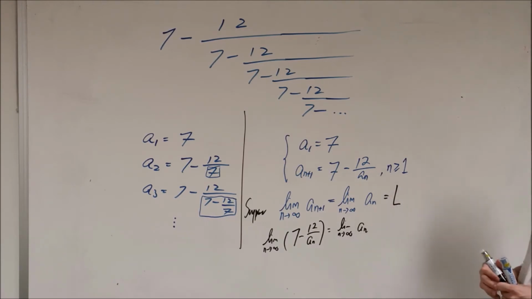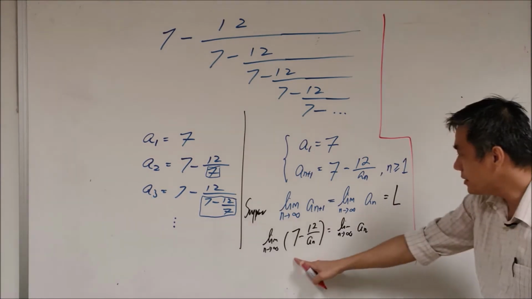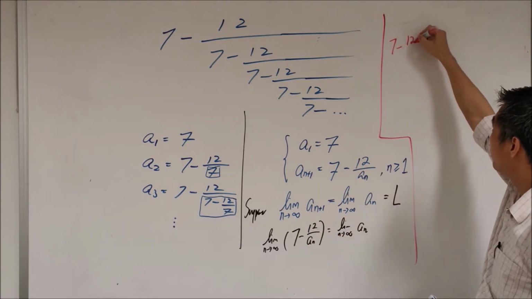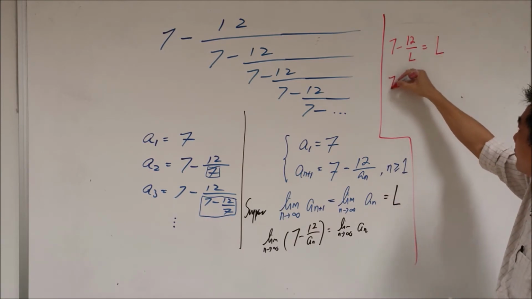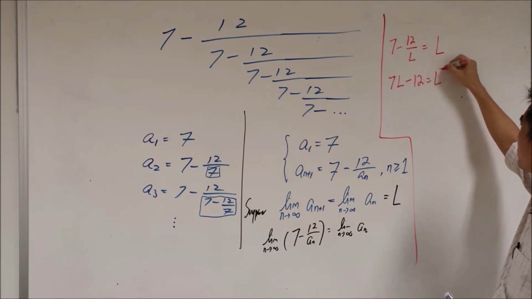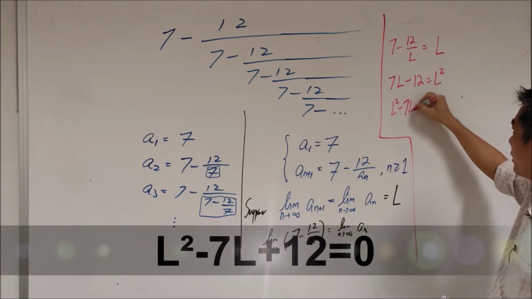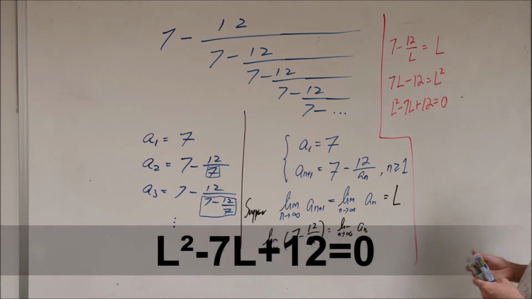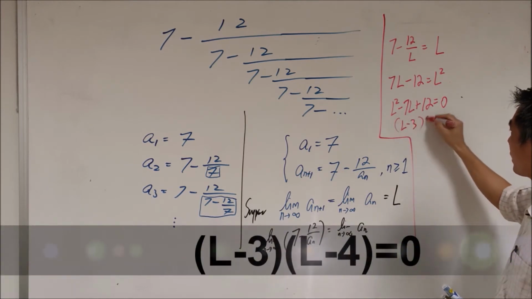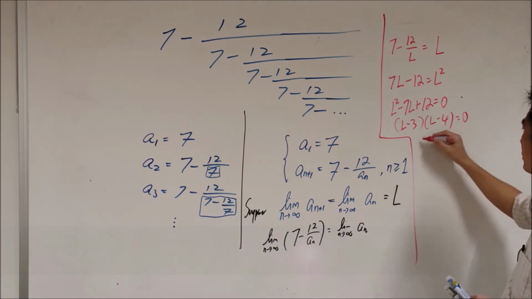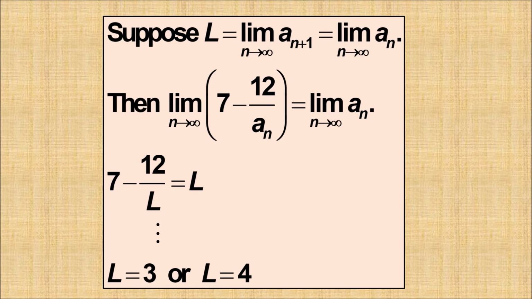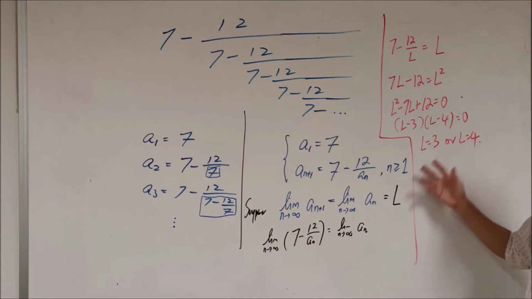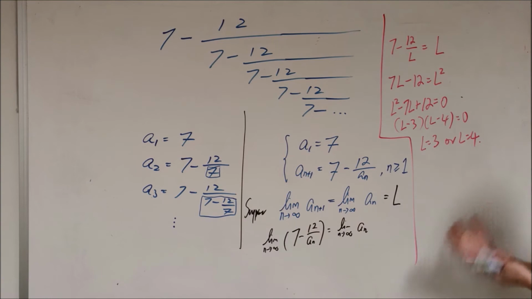We do a little bit of calculation, and this gives 7 minus 12 over L equals L. Then 7L minus 12 equals L squared, so L squared minus 7L plus 12 equals 0. Then L minus 3 times L minus 4 equals 0, so L equals 3 or L equals 4. Supposing the limit exists, it is either 3 or 4, which we already know.